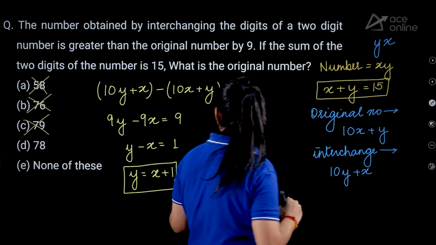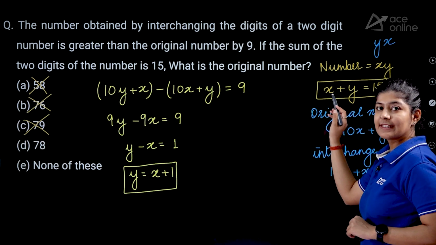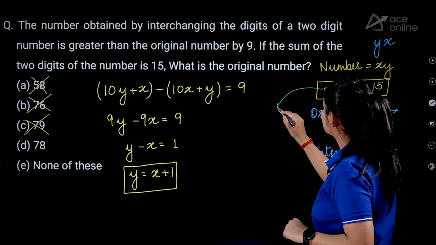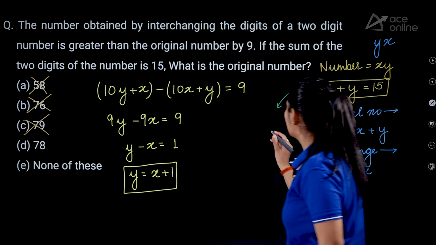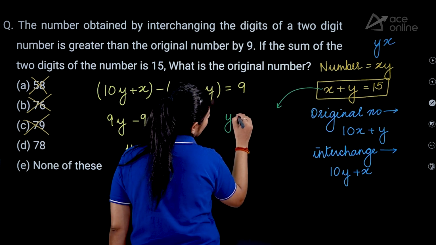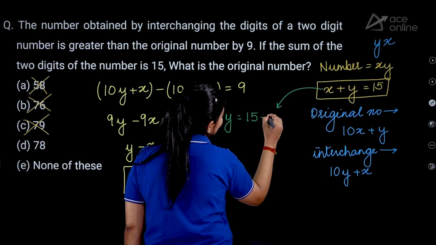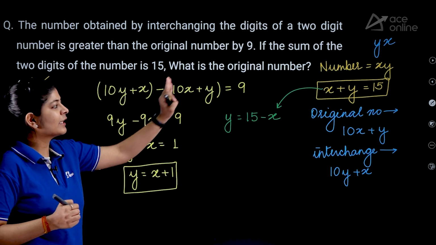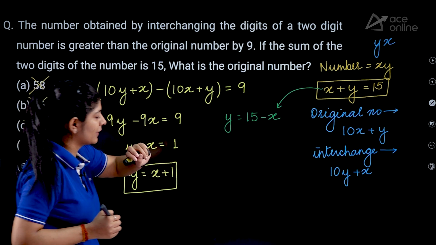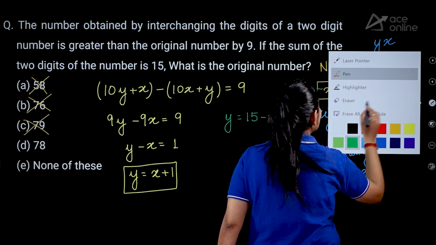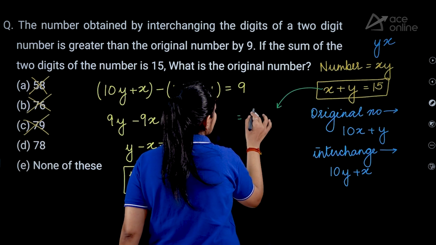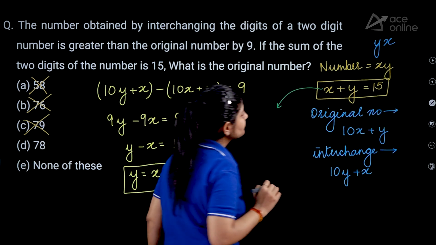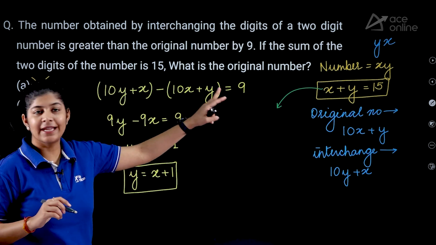Here I have the first equation and here I have the second equation. From this equation, I can say that y equals 15 minus x. Or you can do one thing: just put the value of y in that particular equation.